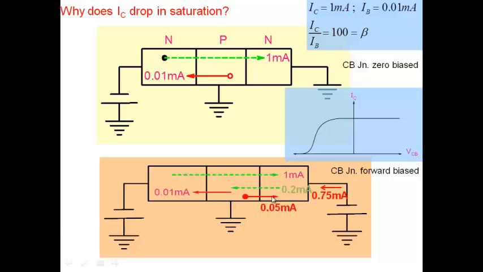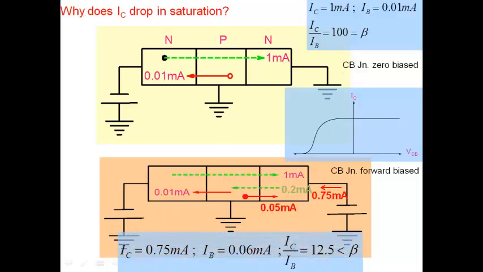So what will be the direction of collector current? It's negative. It's no longer positive. It's no longer flowing in this direction here. So it all depends on how much collector bias I apply. And you can see here that with the increase in forward bias in the collector, the current begins to drop.